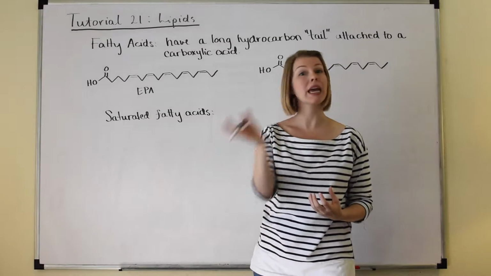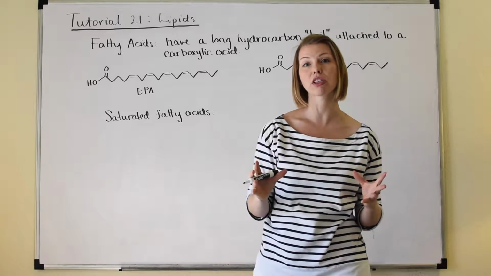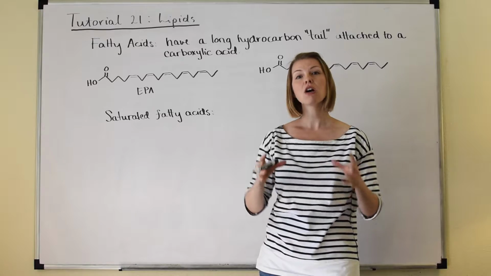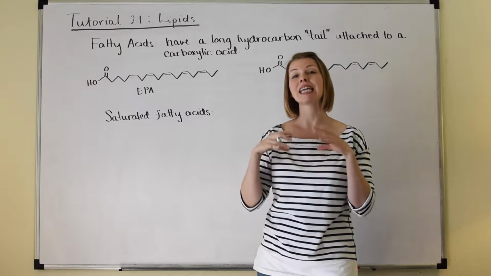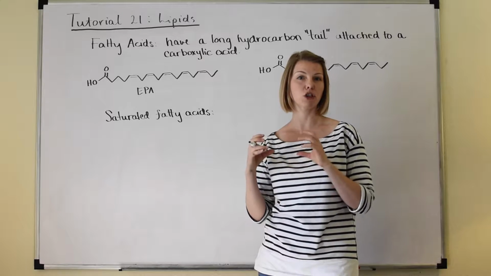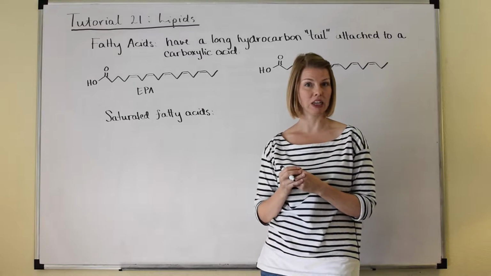Remember from way back in tutorial 16 when we first talked about organic molecules and hydrocarbons, that means that each carbon contains the maximum number of hydrogens possible because we only have carbon-carbon single bonds.